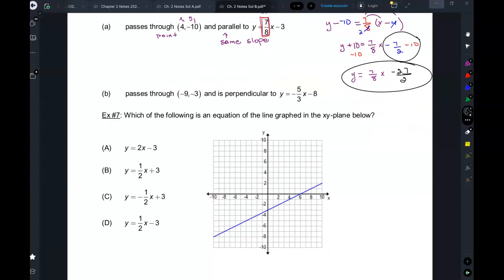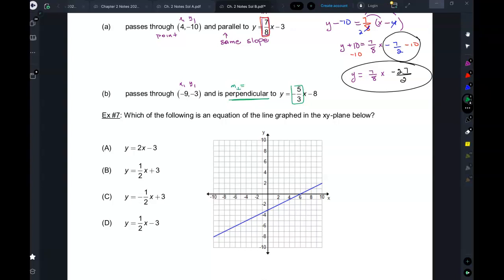Oh, and it looks like I didn't leave enough space for this next one. Okay. Passes through this. So this is x1, y1. Okay, perpendicular to this. This is the slope here. So what slope am I going to use?